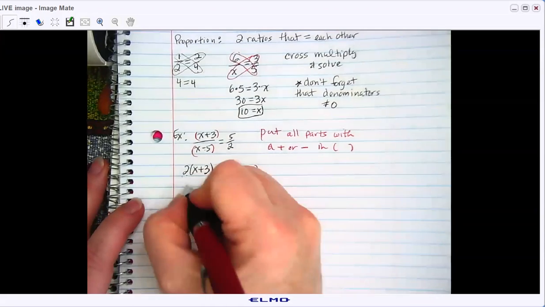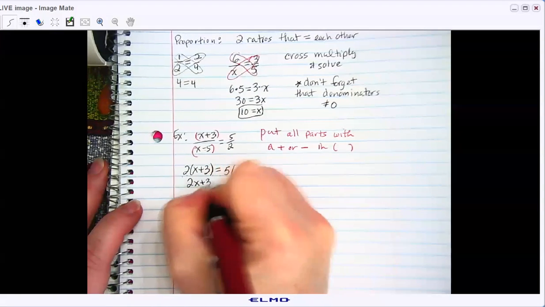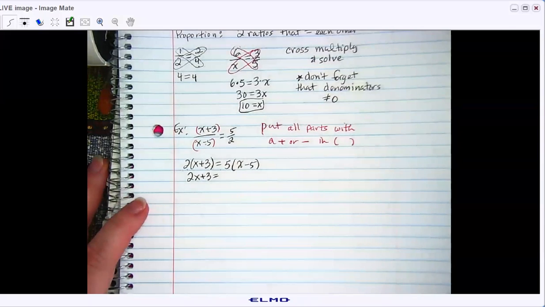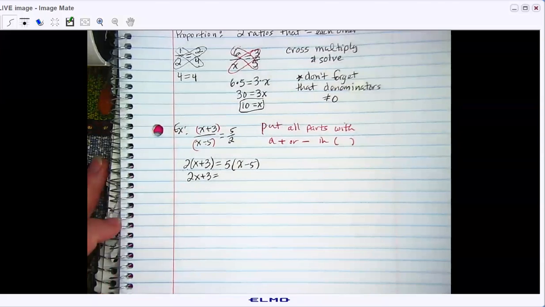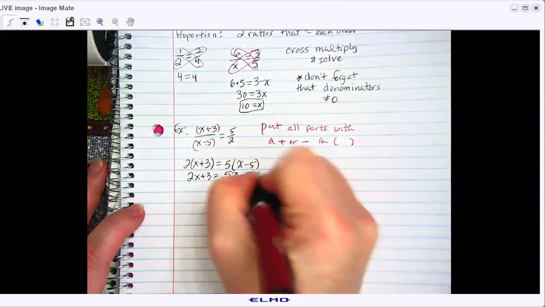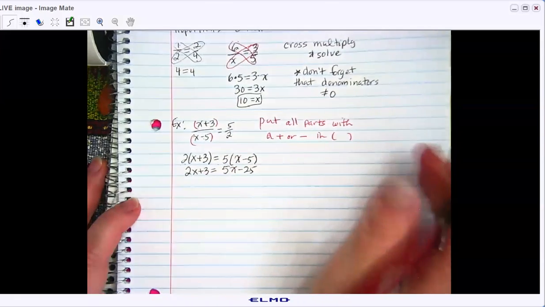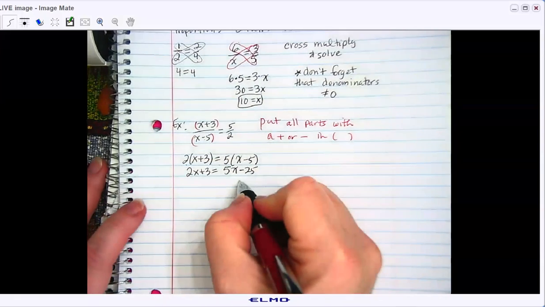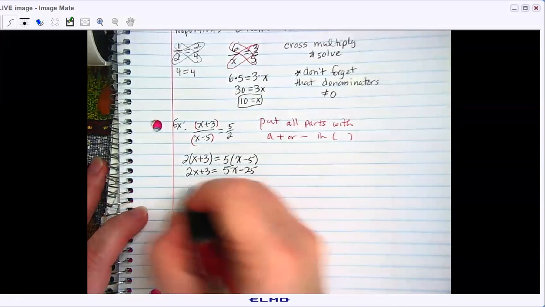So distributing the 2, we get 2x plus 3. And what do I get on the other side? 5x minus 25. Good. So distributing the 5, we get 5x minus 25. If you remember way back from the first week, solving equations, I like to start with the x's to keep it consistent.